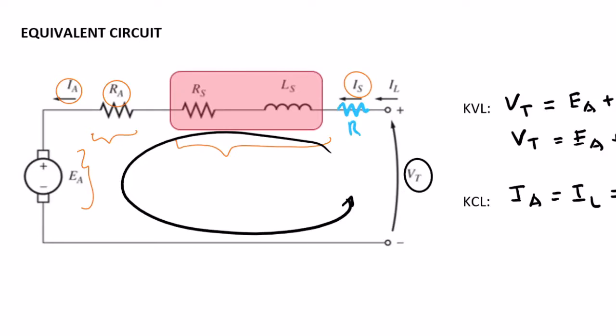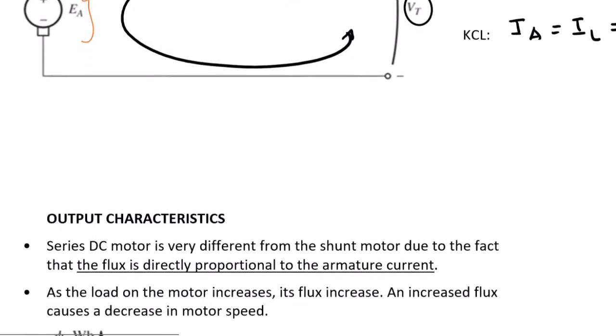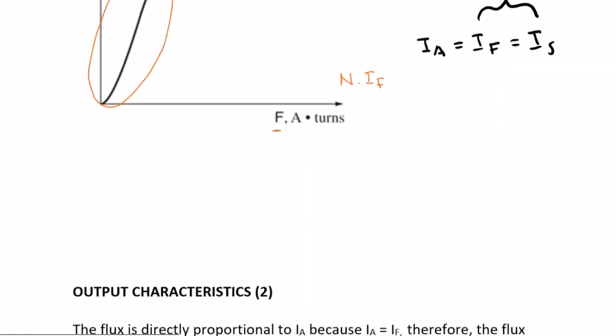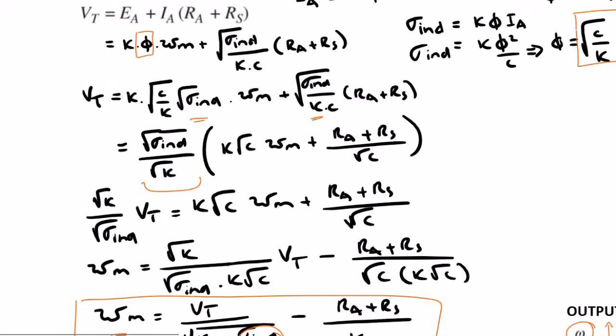Because the armature current depends on the load, when the load is high, Ia will also be high, and therefore your I squared R losses will be high as well. So this method is not preferred for this type of motor especially.